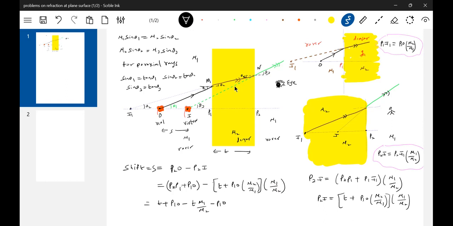P1O also gets cancelled, so we end up with S equals T times 1 minus mu1 by mu2.